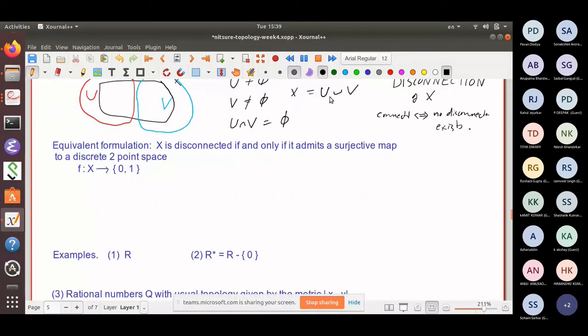If it is disconnected, so one way, given a disconnection U, V of X, define f on U to be equal to 0 and f on V to be equal to 1.